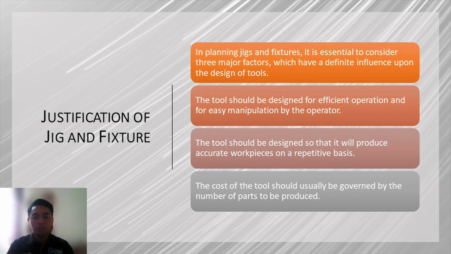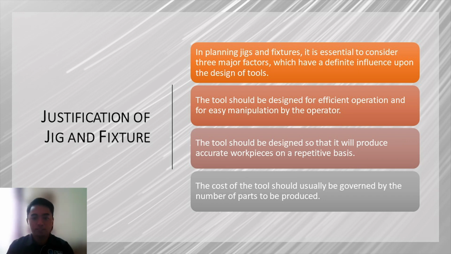My name is Muhammad Hafizi, and now I will explain about the justification of the jigs and fixture. To produce jig and fixture, there are three major factors that we have to take seriously. The first one is the tool should be designed for efficient operation and for easy manipulation by the operator.